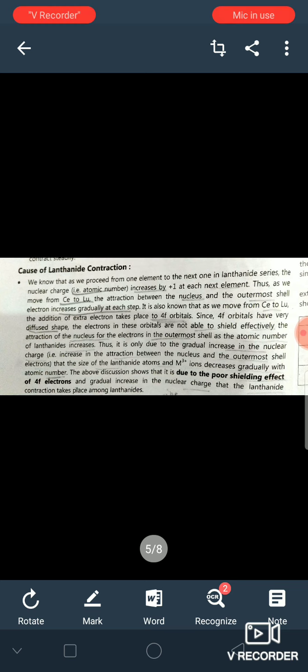Thus, as we move from cerium to lutetium, the attraction between the nucleus and the outermost shell electron increases gradually at each step. It is also known that as we move from cerium to lutetium, the addition of extra electron takes place to 4f orbital.